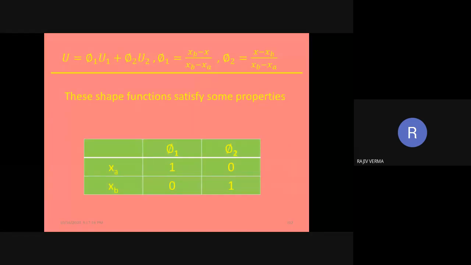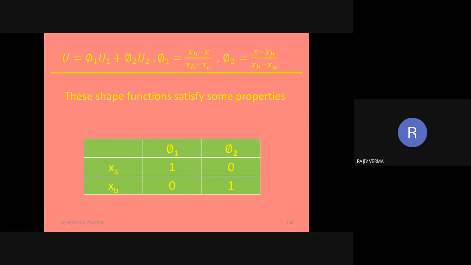That is the first node. Similarly, if in the expression of phi1 you substitute xb in place of x, in the numerator it is going to be 0. That means phi1 itself is going to be 0 at x = xb, that is at the second node.